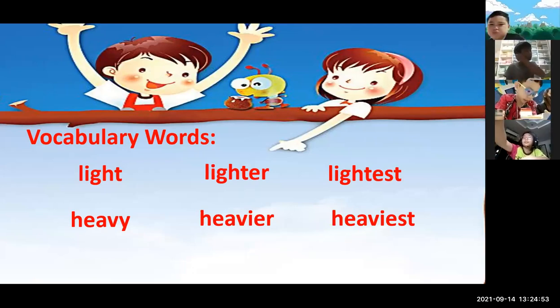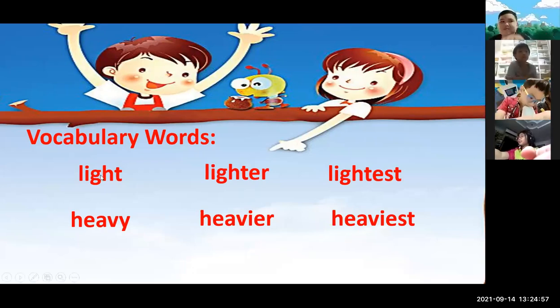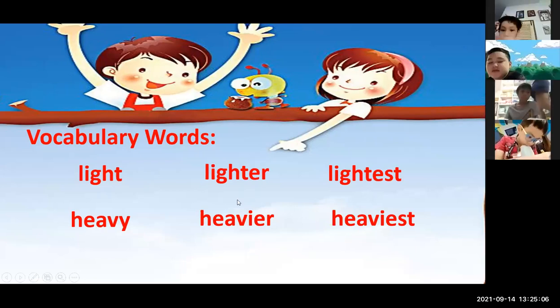Okay, what is light in Thai? Can you say it in Thai? The word light? Bao. Bao, very good. How about lighter?